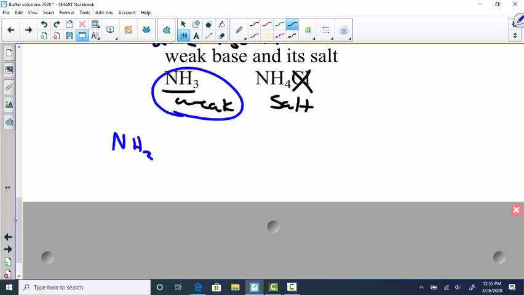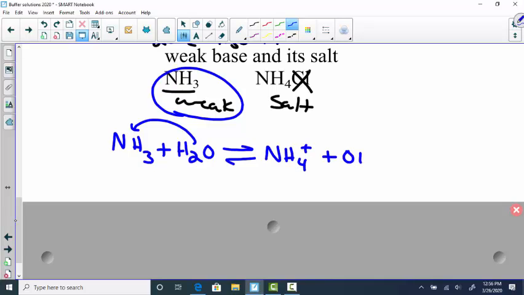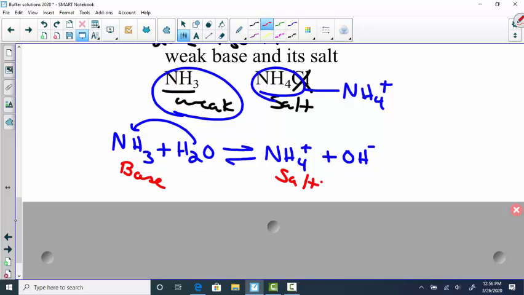So I start with the NH3, I add water to it, okay? Now water becomes the donor, so this becomes NH4 plus OH minus. And right here, you see that that is NH4 plus, okay? So again, in this particular case, you have the base and its salt, which happens to be a weak acid.